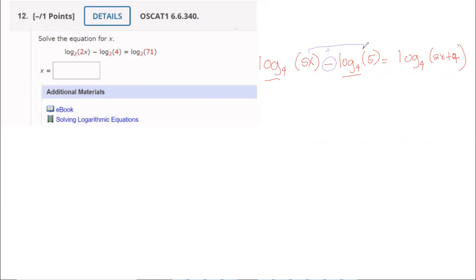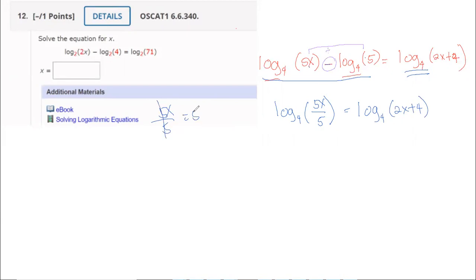Let's do that. I'm going to copy log 4 first. We're going to condense this expanded version: log 4, and since there's a minus sign, it's going to be 5x over 5. That equals only one log, so you just copy that. Simplify: 5x over 5, 5 divided by 5, just means x.